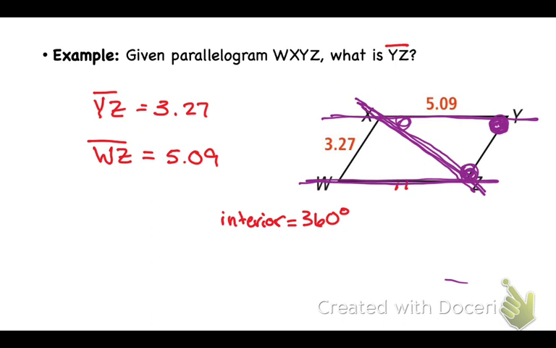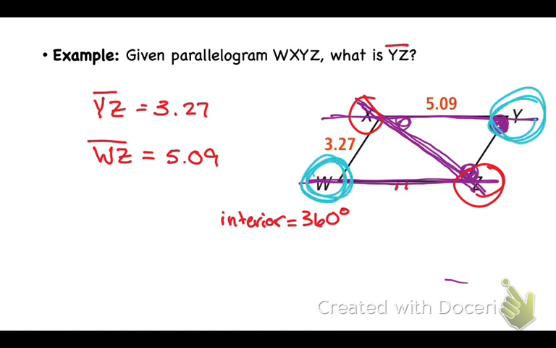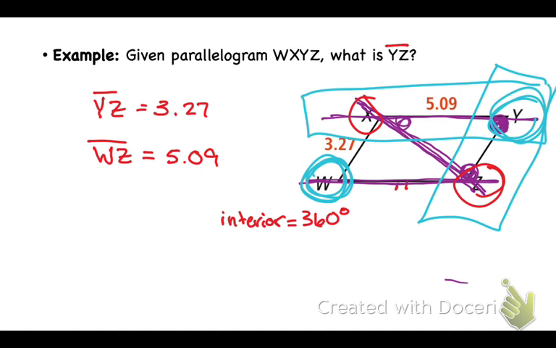Well, if I know that angle X is congruent to angle Z, yes? And angle Y is congruent to W. And what did we just say about these two angles? And these two angles? And these two angles? What are they to each other?